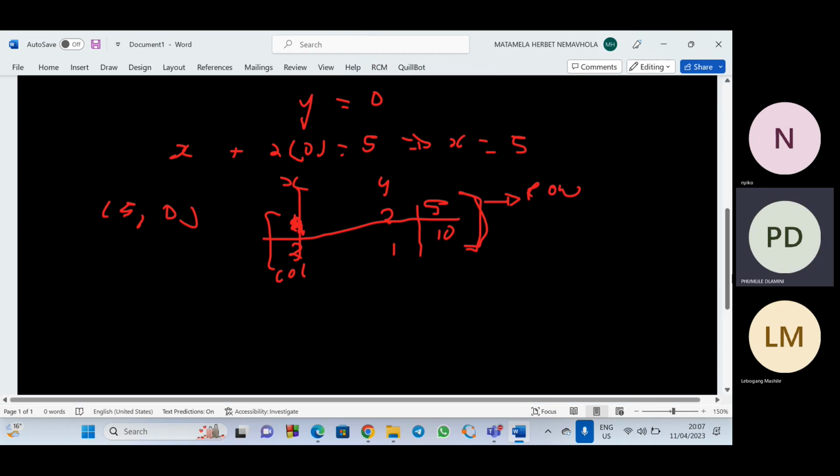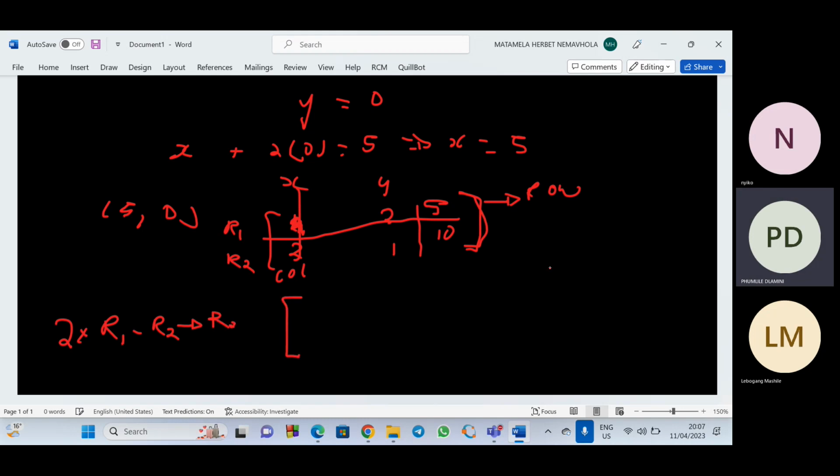Now, this is the first row and this is the second row. You say 2 times R1 minus R2 gives you the new R2.